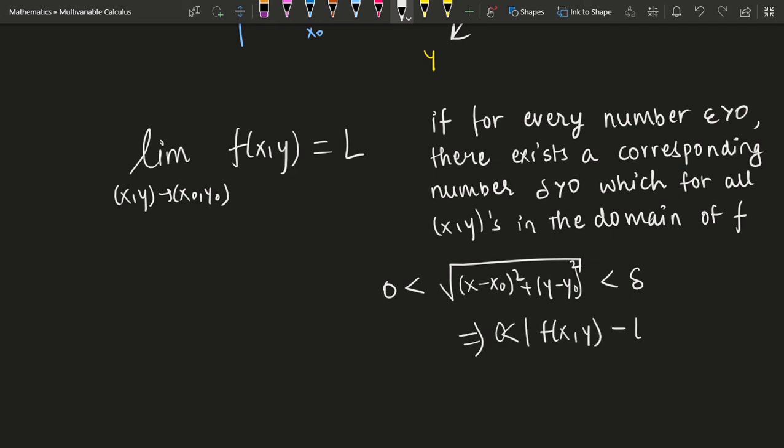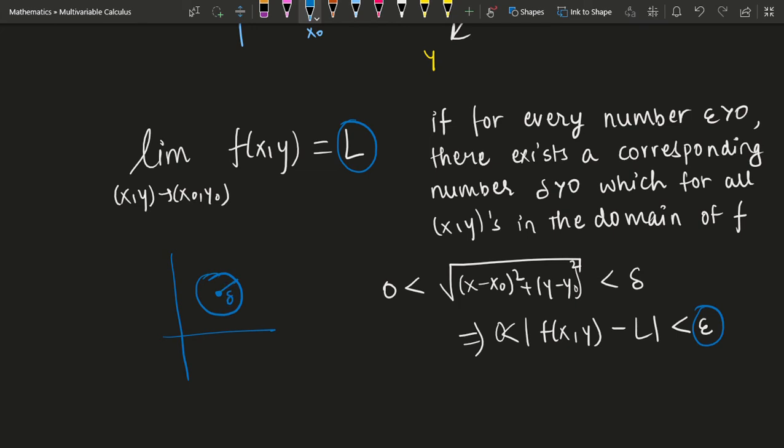So that just means, let's understand what the definition means. I can take a really small number epsilon right here. I can plug that in and I can get really close to the limit L, still not equal to it though, and I can always find x's and y's lying in some neighborhood of the actual point that we are considering.